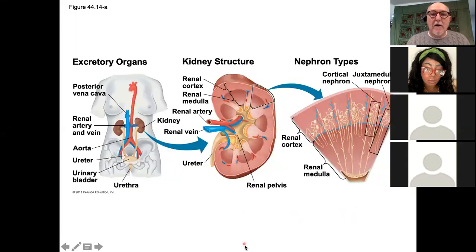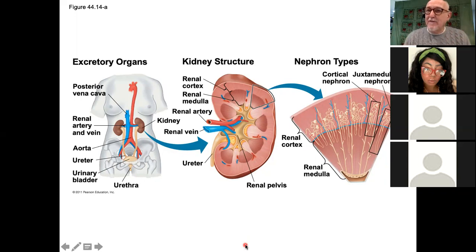We're going to carry on our discussion today about osmoregulation, and particularly today, we're going to be talking about the function of the kidney, how the kidney works to maintain homeostasis, osmolarity, but also how it excretes our major excretory product, which is urea.